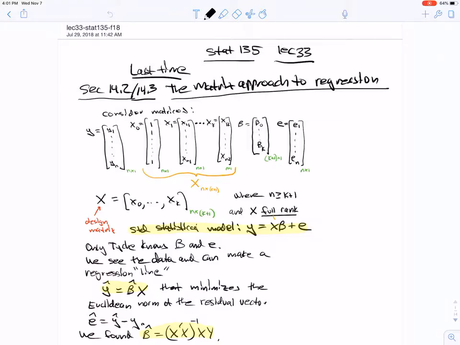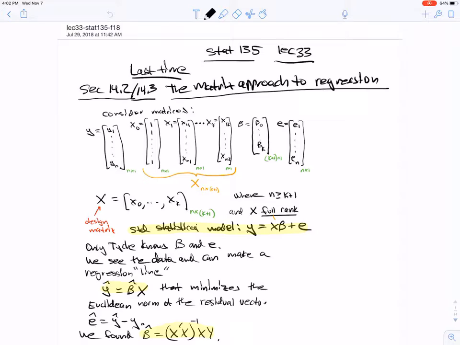So we considered matrices: y, which was our response variable with n observations; x0, which is just a column vector of ones; x1, observations of our first predictor variable, up to xk, our kth predictor variable; beta 0 to beta k, a column vector of coefficients; and e1 to en, a column vector of error terms.